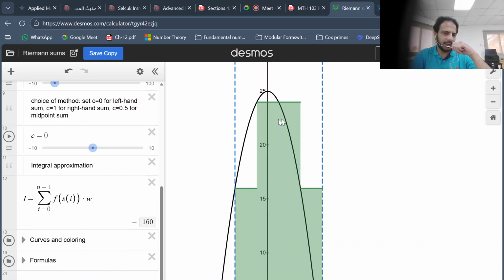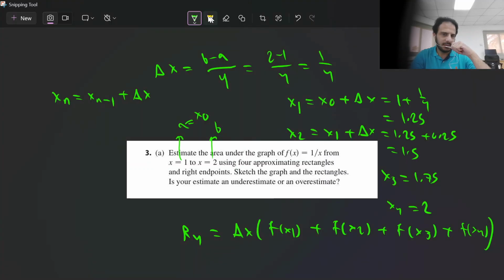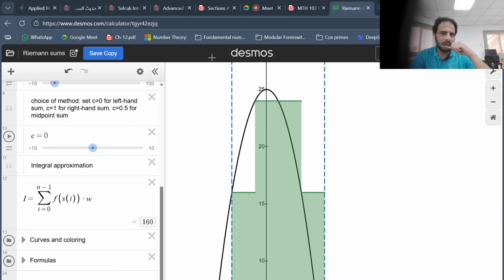Here in the middle, these are two rectangles, but they seem to be one, because they have the same height. See here, here is the left endpoint. I will show you.